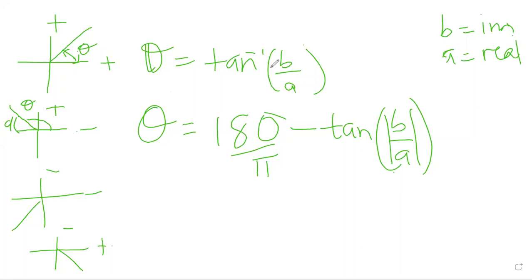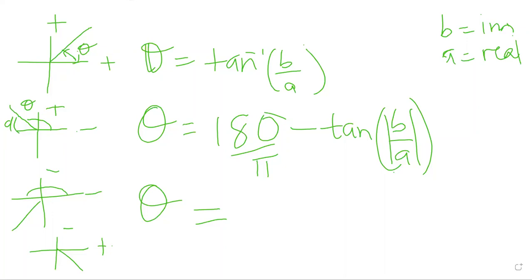Now we have when both of them are negative. When both of them are negative, theta is now 180 degrees, or pi radians.